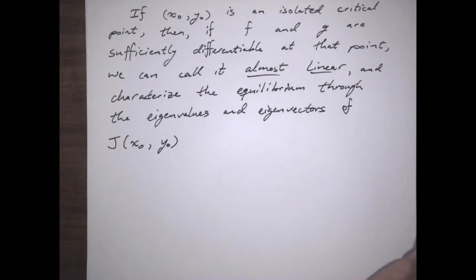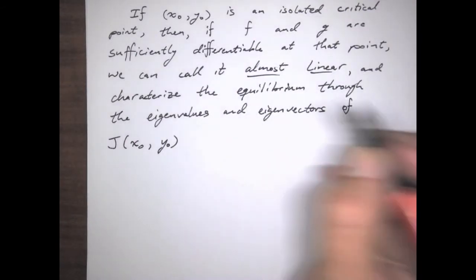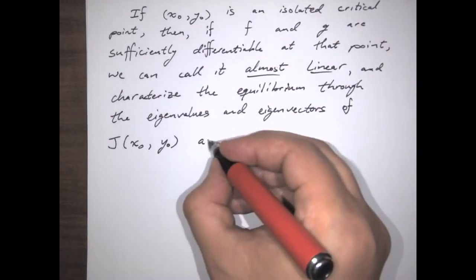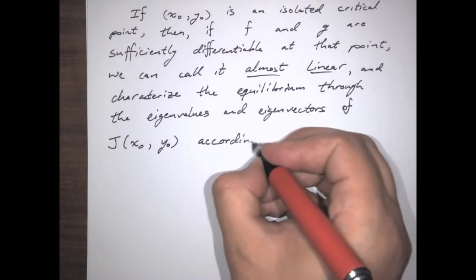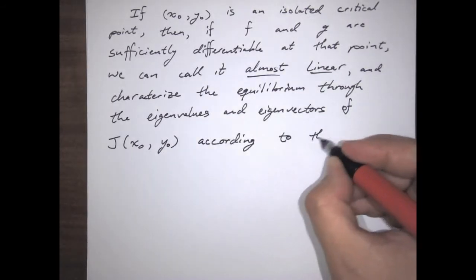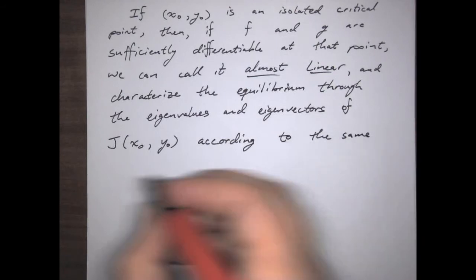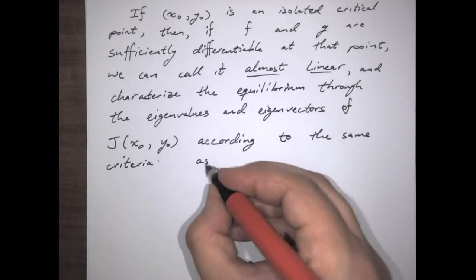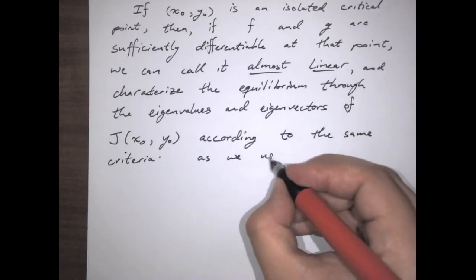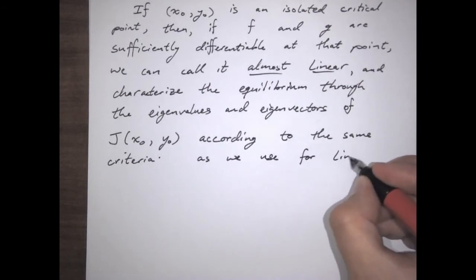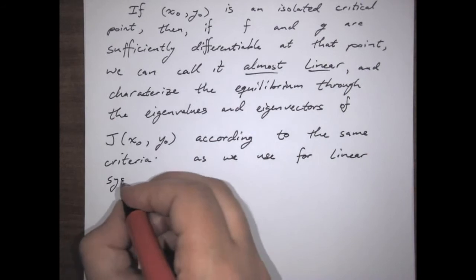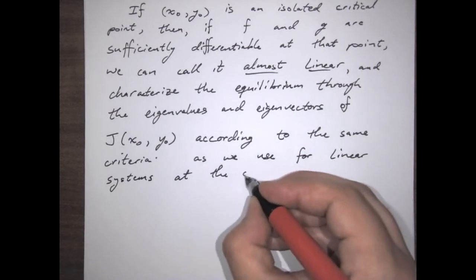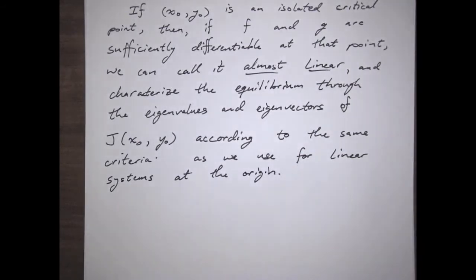So the eigenvalues and eigenvectors of J(x0, y0) according to the same criteria as we use for linear systems at the origin. Okay.